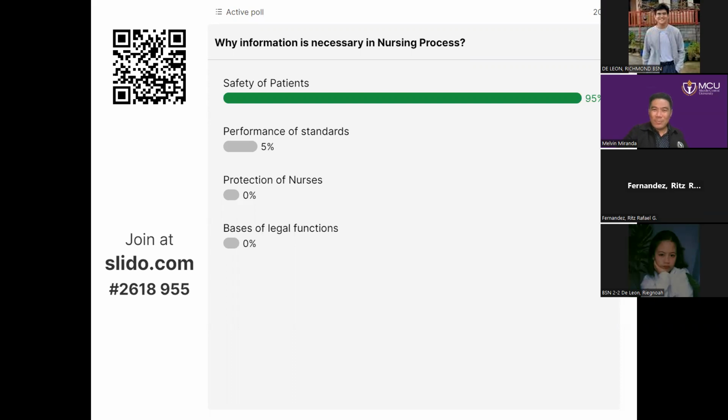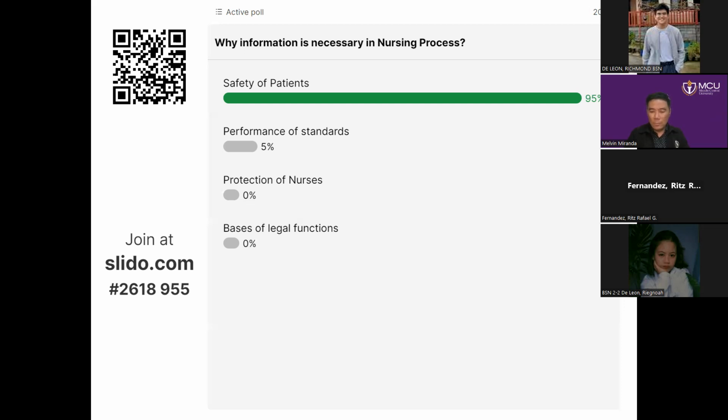Ayun. So, ang sagot ko po dyan, why information po is necessary in nursing process po, ang pinaka-priority sagot ko po is yung safety of patients. Kasi po, when we define information, ito po yung mga knowledge na sinishare or in-obtain natin through study.